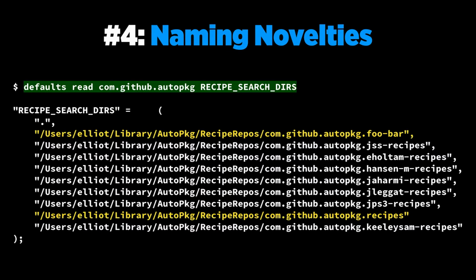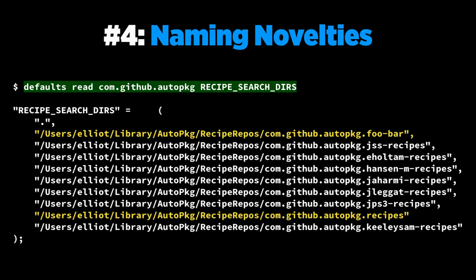But let's talk about the order in which AutoPkg does things, or searches for things, rather. If you look in your AutoPkg preferences, the com.github.autopkg.plist file in your preferences folder, you'll see recipe search directories. This is the ordered list of directories that AutoPkg looks for recipes and processors in.